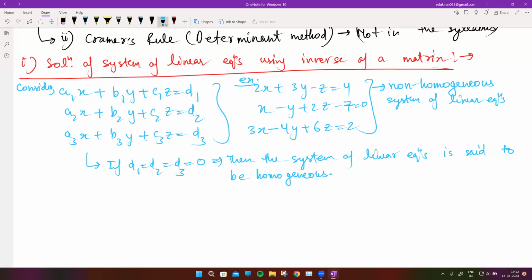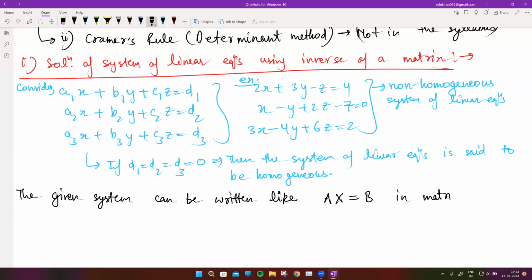So first of all, the given system can be written like AX is equal to B in matrix form.